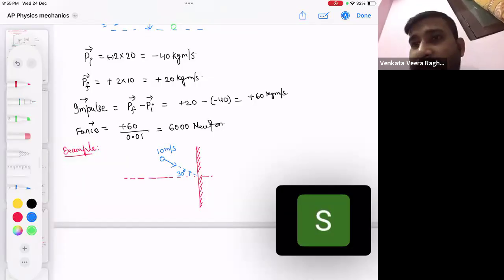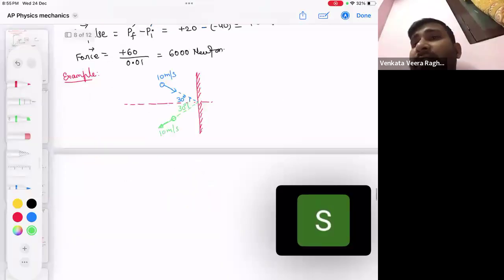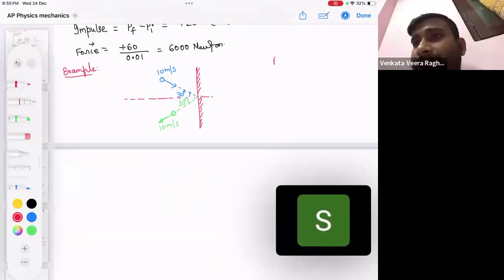After striking, what happened? It bounced back. Let's take the same 10 meter per second and the same angle 30 degree. You have to find out what is the impulse only. This time only find the impulse.